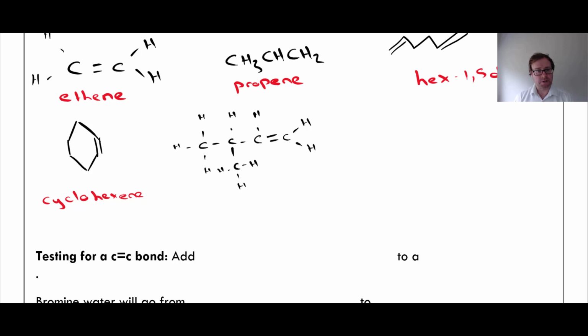My longest carbon chain is 1, 2, 3, 4, so I know it's but-. This has priority compared to my branch chain, so it must be butene. And 1, 2, 3, so this must be 3-methylbutene.